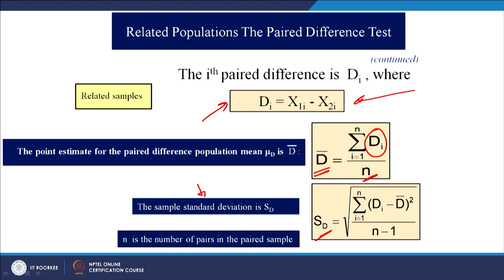So, d i minus d bar whole square, summation of this and under root of this, right. So, this is similar to what we have seen in one of the very first classes, right. In the beginning we have seen how to find out standard deviation and variance, right.